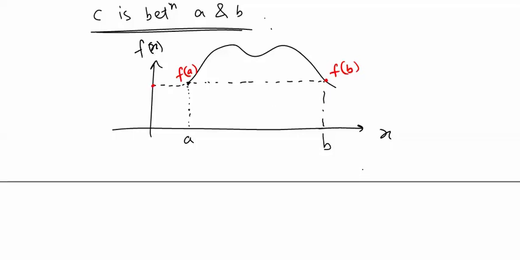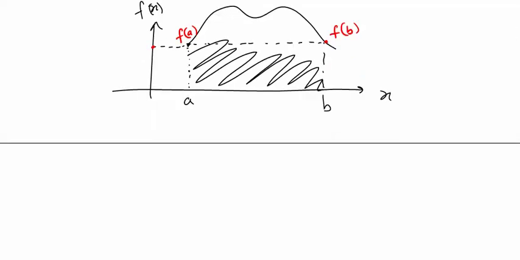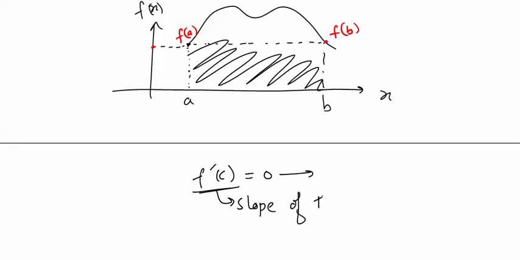According to Rolle's theorem, if f(x) is a continuous function in this interval, and f dash x is differentiable, meaning there is no discontinuity, and f(a) is equal to f(b), then there exists at least one c where f dash c is 0. f dash c is nothing but the slope of the curve.